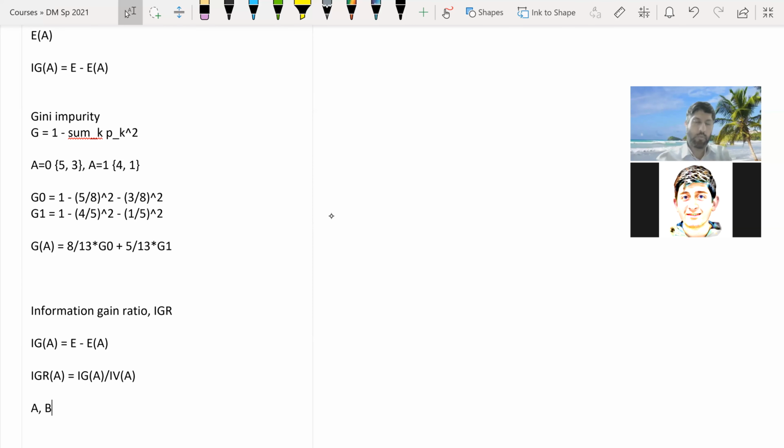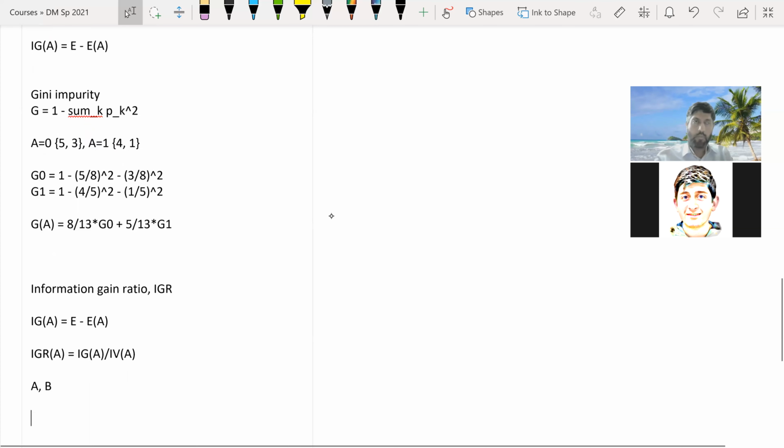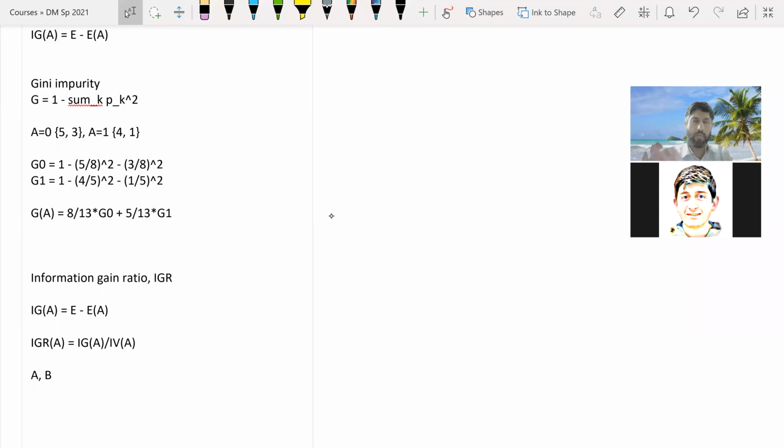So to reduce this impact, we divide the information gain by the intrinsic information value of that attribute. So the intrinsic information value is simply the maximum possible entropy, let's say if you're using entropy, for that particular number of distinct values.